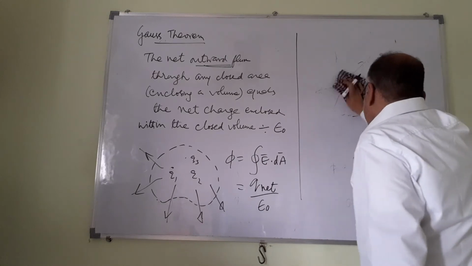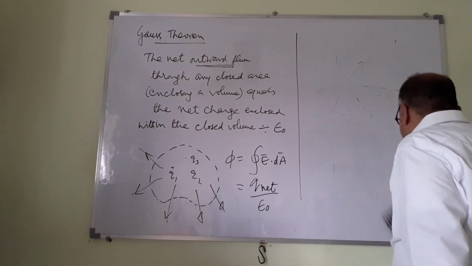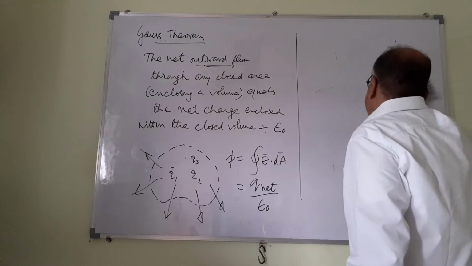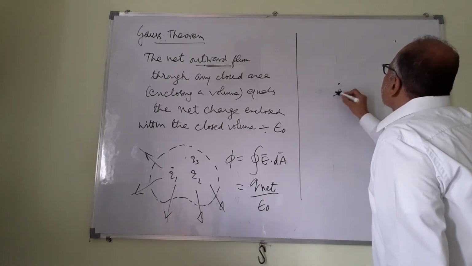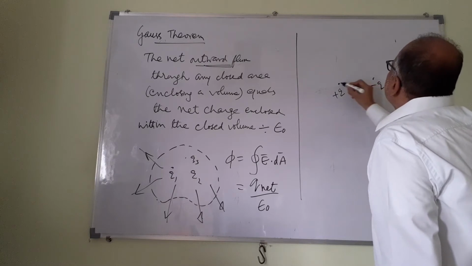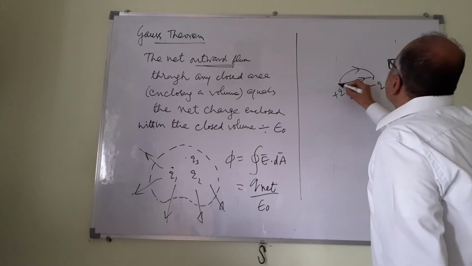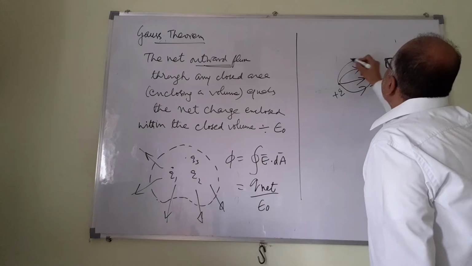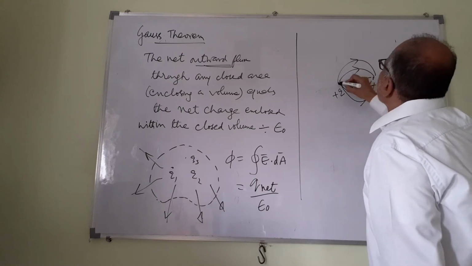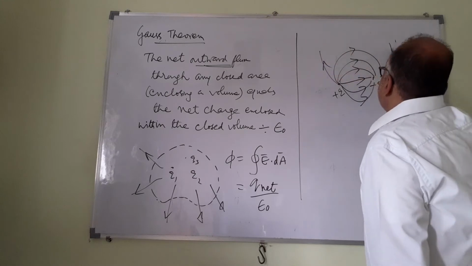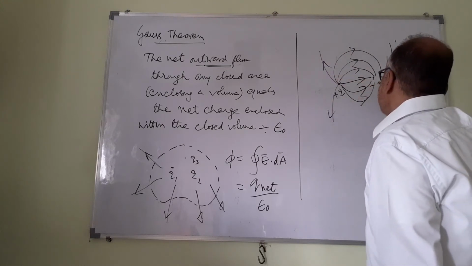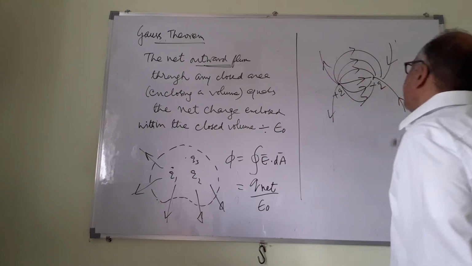That means if we have a dipole, two equal and opposite charges separated by a distance, we saw if I have plus Q and minus Q, the lines of force are like this. We saw this in the previous video. All these lines leave there and enter here.